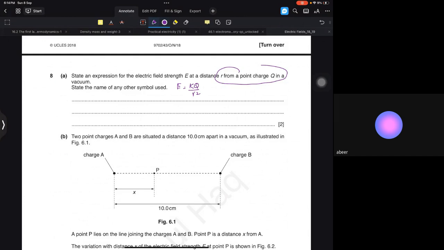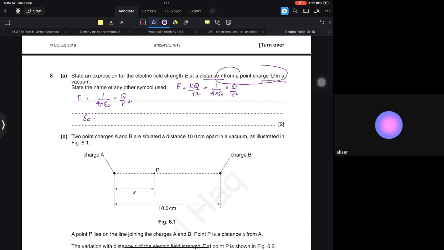The real formula is E equals 1 over 4 pi epsilon naught times Q over r squared. So whenever he asks you to explain some symbols, you use the real formula, okay? Now it says any other symbols that you use, just explain, because he has already told you what r and Q are, so you don't need to explain those.